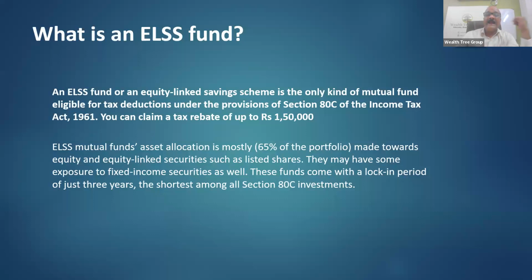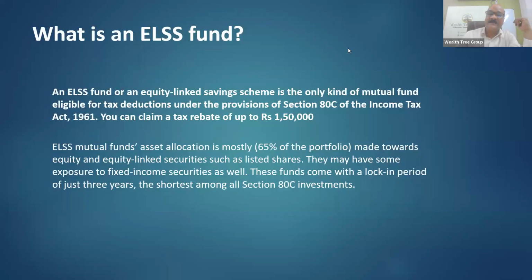Anyway, let us first complete the investment options which are very important for you. There is a very good option of ELSS. What is ELSS? It is basically an equity linked savings scheme, the only kind of mutual fund eligible for tax deduction under Section 80C of the Income Tax Act 1961.